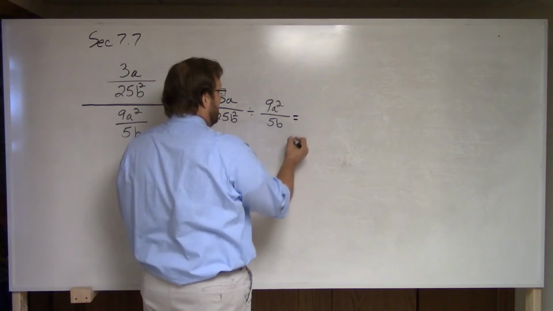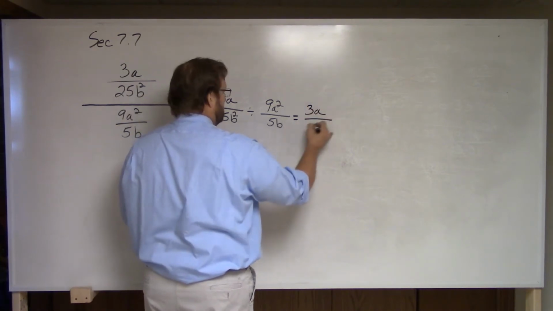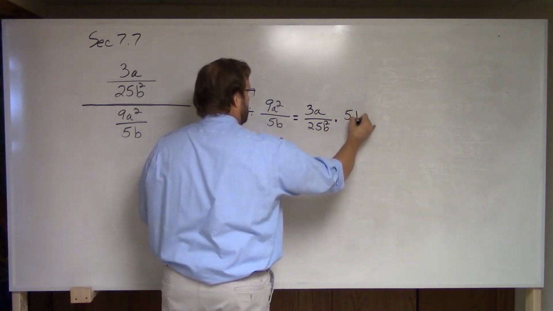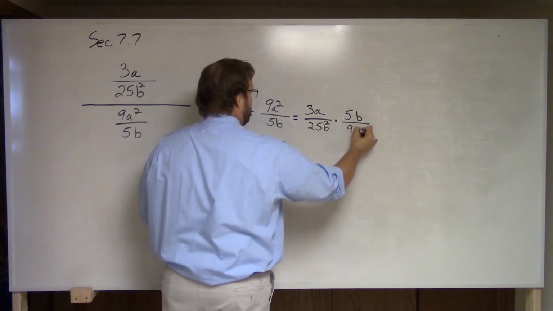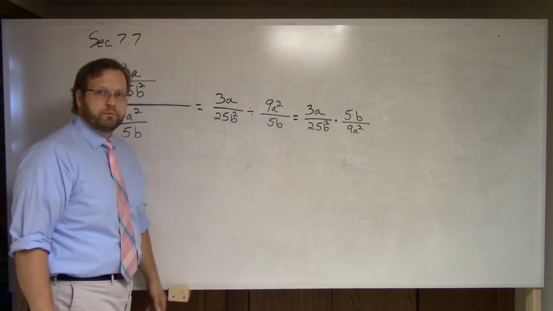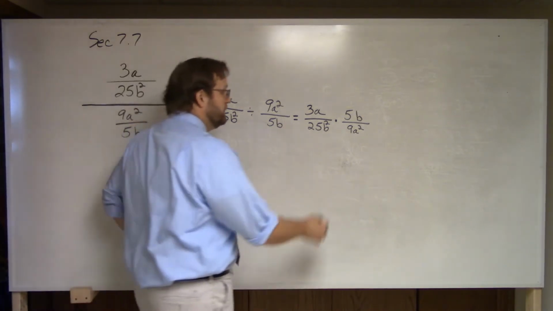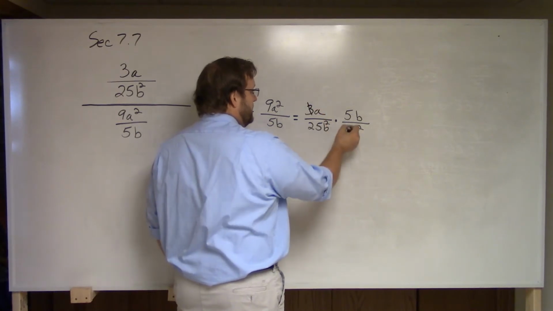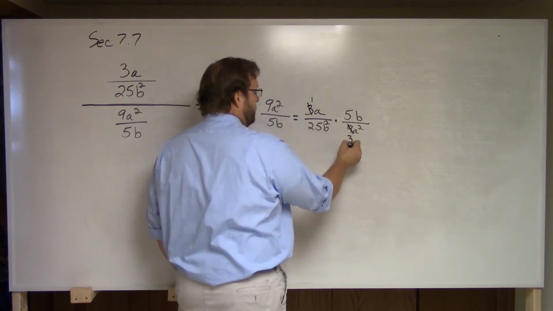So to divide, remember, I multiply by the reciprocal. And we have that. And now I reduce and multiply, nothing new. So 3 and 9 are going to reduce by 3.